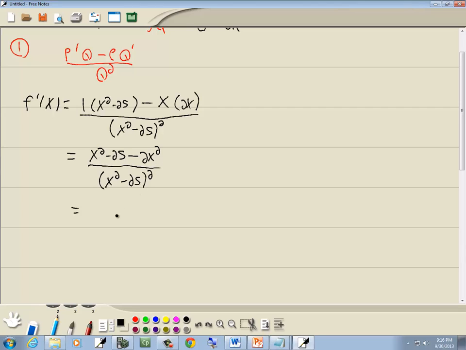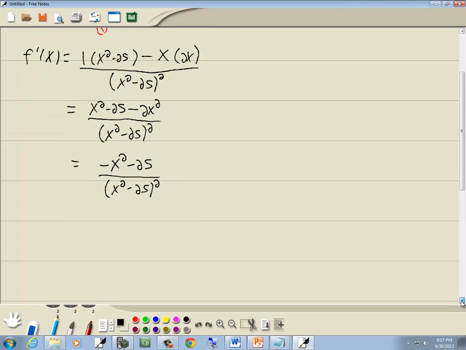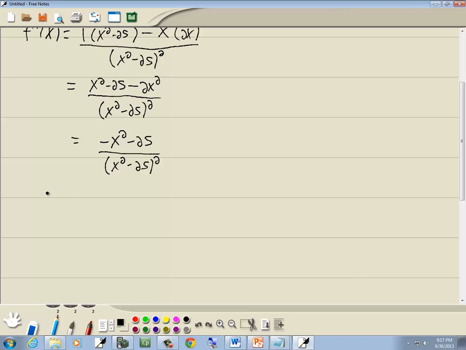X squared minus 2x squared is negative x squared, so negative x squared minus 25 over x squared minus 25 to the second power. Okay. Keep in mind that this is our derivative. We'll come back to that.